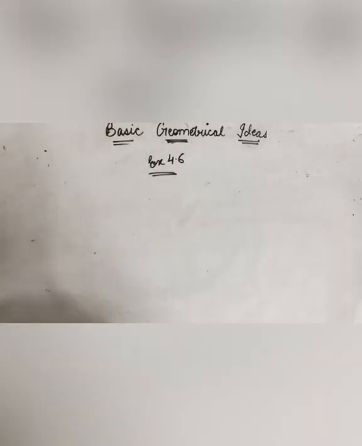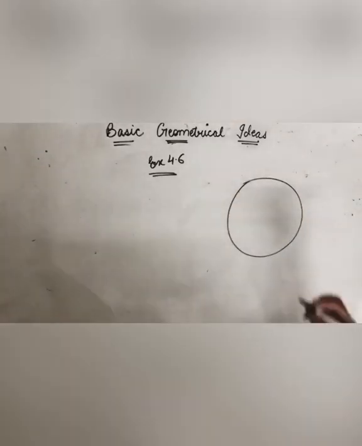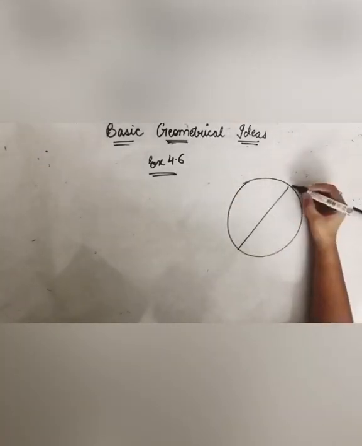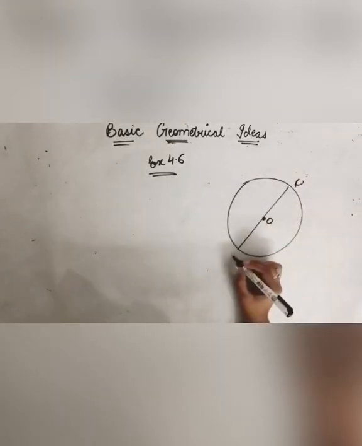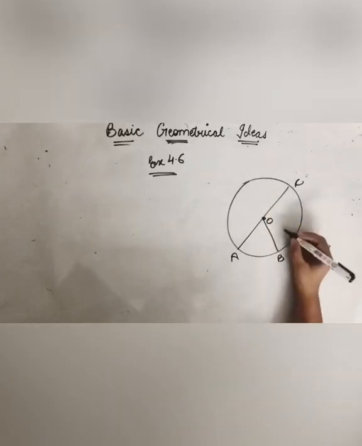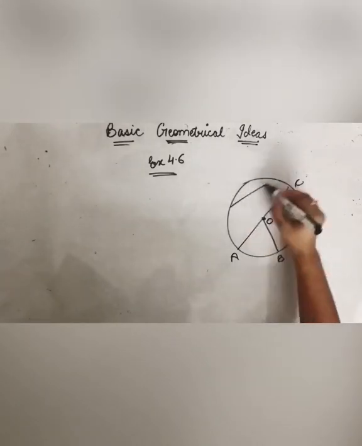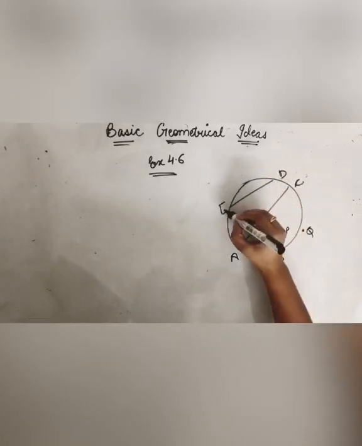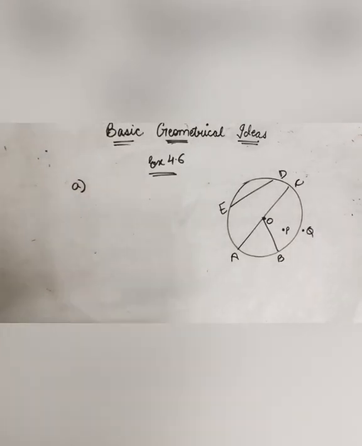Exercise 4.6, first question, from the figure identify. So you have to draw a figure. This is C, center of the circle is O, this point is A, this is B, point P, point Q, D and E. So first part is the center of the circle.